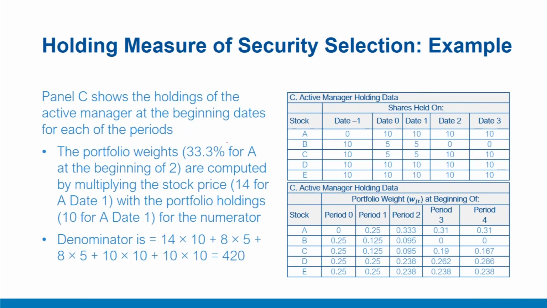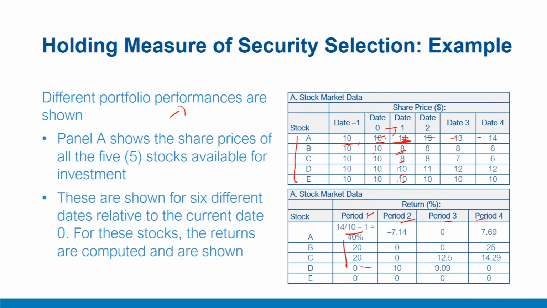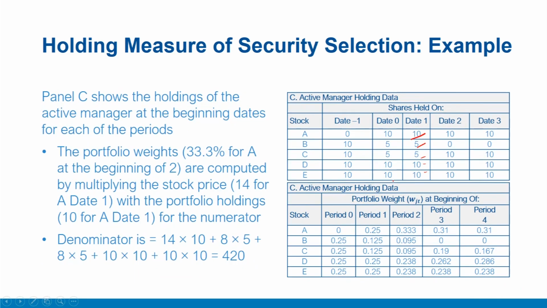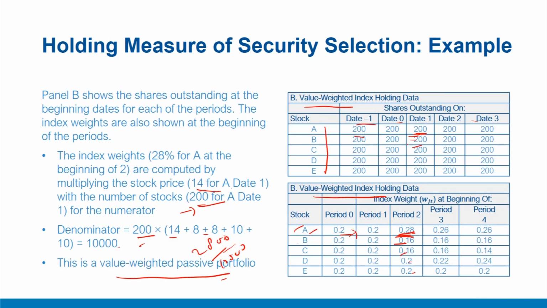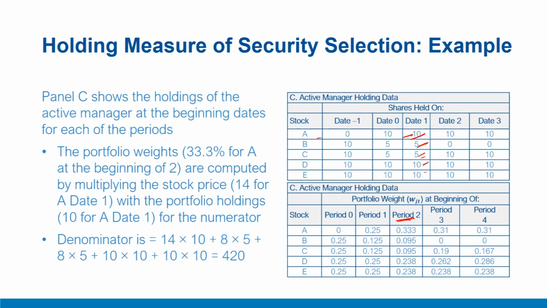Next, in panel C, we have holding data for the active manager, and the holdings are provided at the beginning dates: 10, 5, 5, 10, 10. Now, using these holdings and the prices as we saw earlier, we can compute the proportionate amount invested for this particular portfolio. For example, for the beginning of period 2, we can compute the proportionate weight for security A as 10 into 14 as numerator, divided by 14 into 10, then 8 into 5, 8 into 5, and then 10 into 10, 10 into 10.